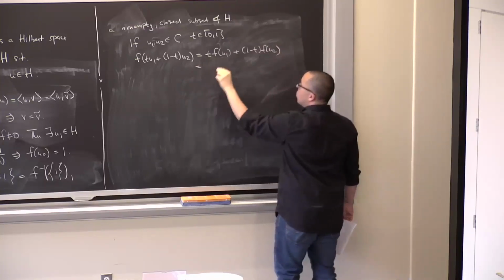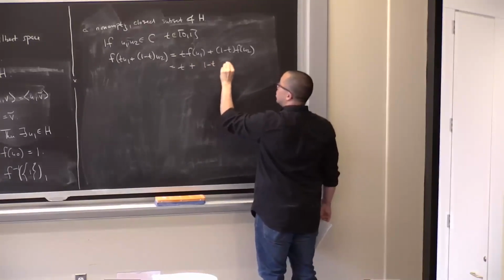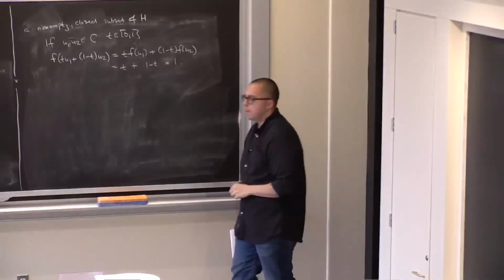Now this is equal to 1, that's equal to 1. So I get 1. So C is also convex. Okay?